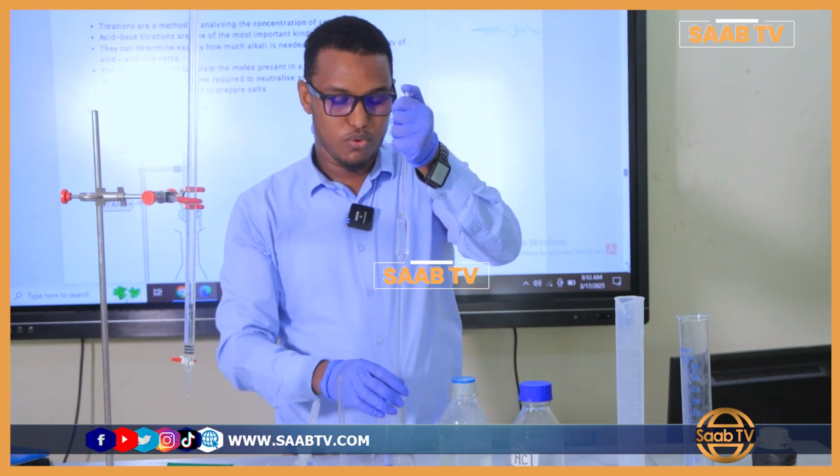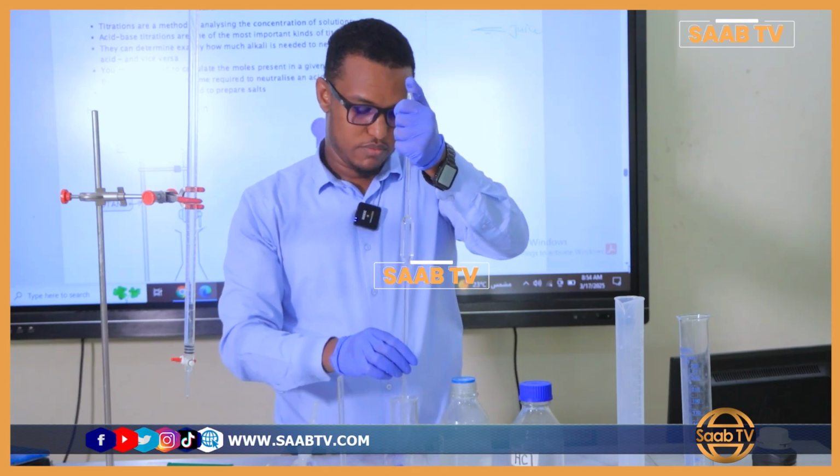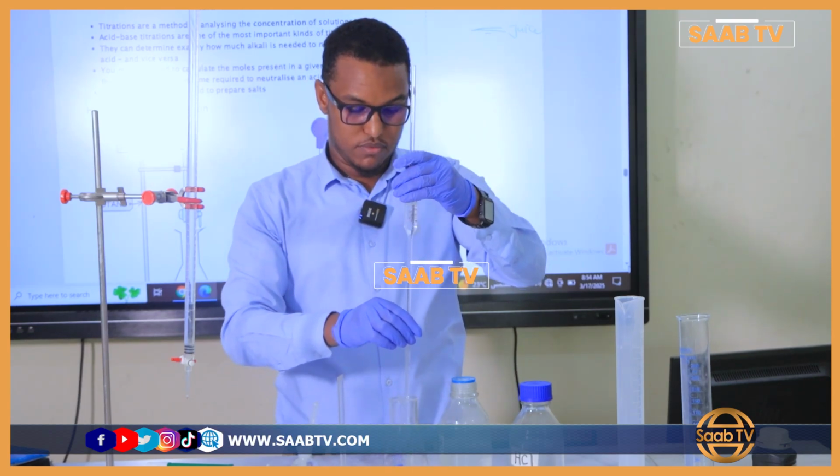So I'm going to pour this into a conical flask. So now we have 25 cubic centimeters of sodium hydroxide, which is an alkaline. And then what will be the next? We add 3 drops of phenolphthalein, the indicator.